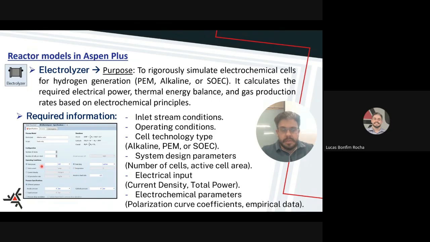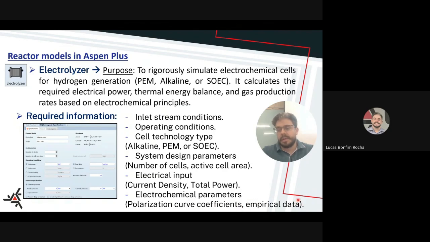Okay, and we must specify here the inlet stream conditions, the operating conditions, the cell technology type, because depending on it, it has maybe some particular parameters, the system design parameters, the number of cells present in the electrolyzer, the active cell area, the area available for producing the gases, some electrical input for considering the efficiency of producing the gases, such as the current density or total power, and some electrochemical parameters, for example, polarization curve coefficients for the system, or empirical data.